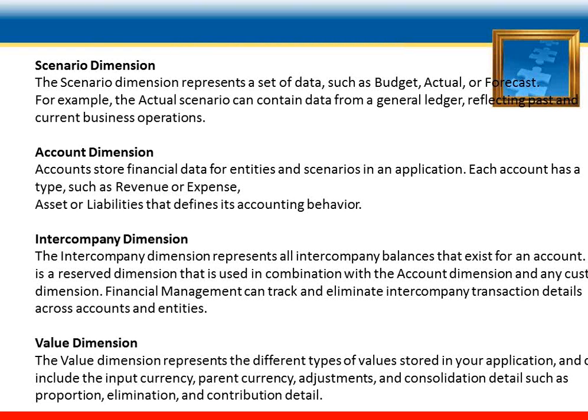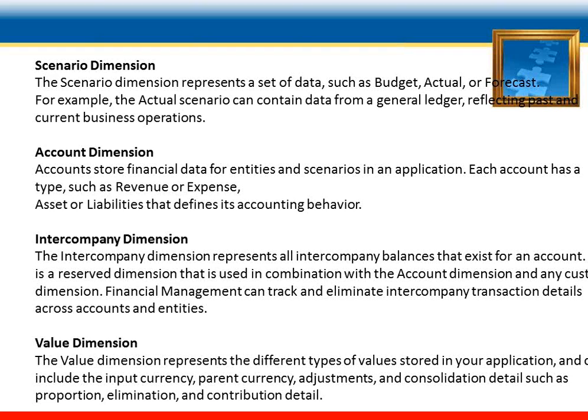Account dimension: accounts store financial data for entities and scenarios in an application. Each account has a type such as revenue or expense. It depends, like, let's say salary. Salary is an expense for a particular GL, so we can say that salary comes in under the group of expense.